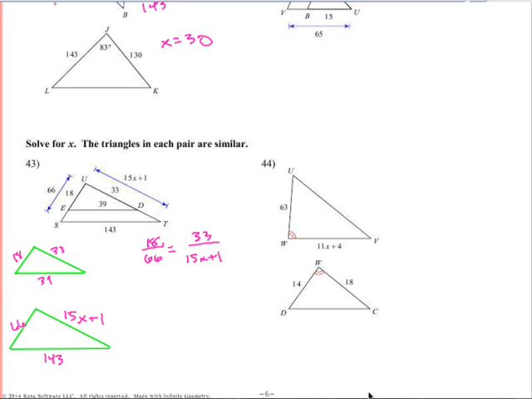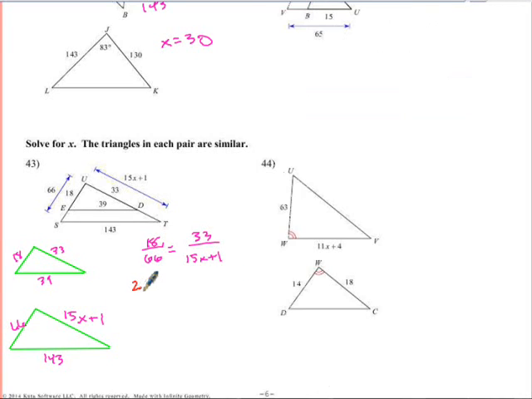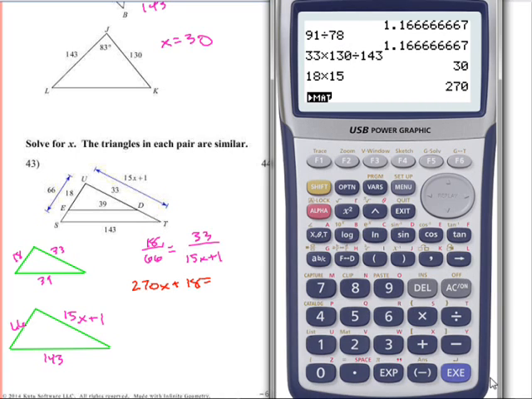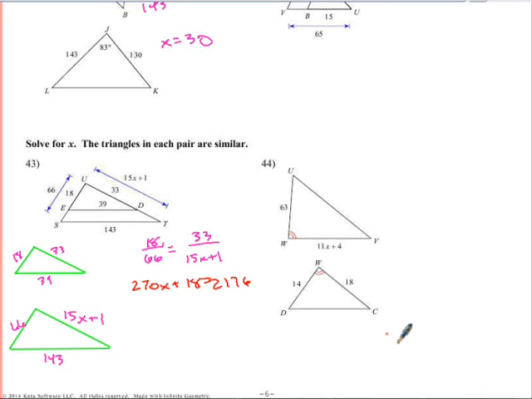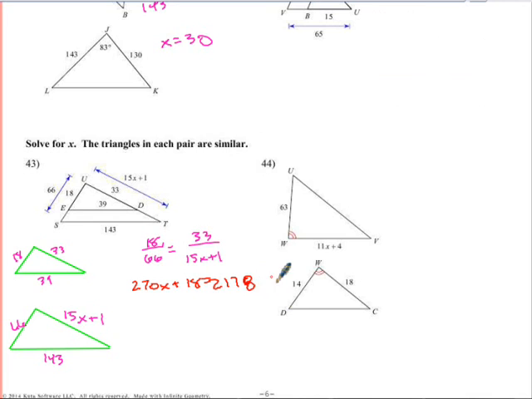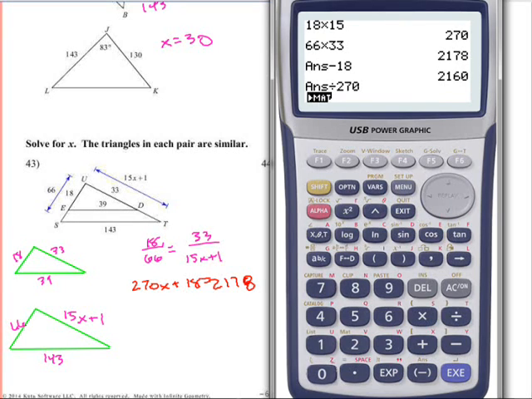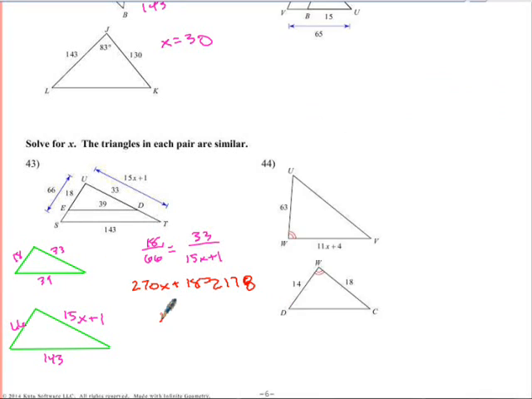Let's see, 18 times 15 is 270x plus 18 equals 66 times 33, which is 2178. So then, I wrote 6, I meant 8. 2178 minus the 18 from the other side, and then divided by 270, and I get x equals 8.